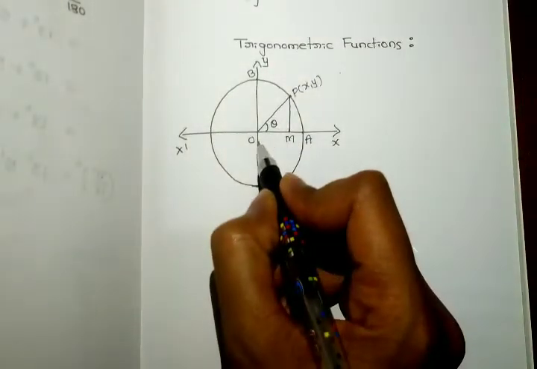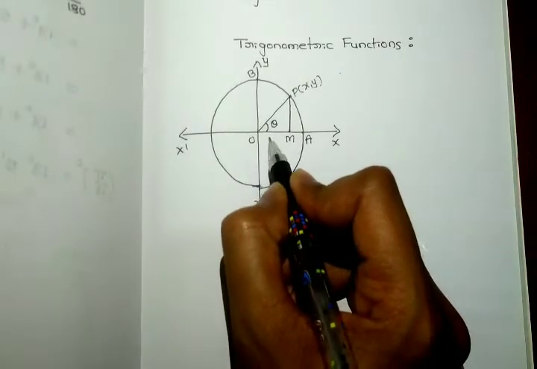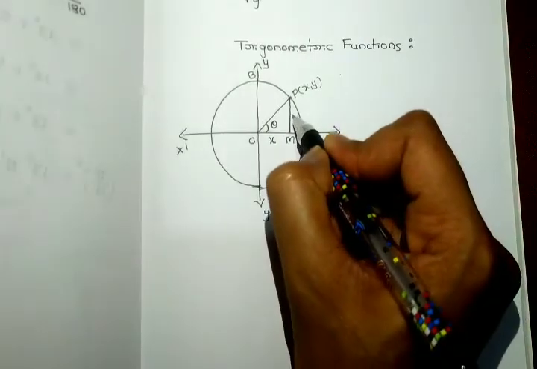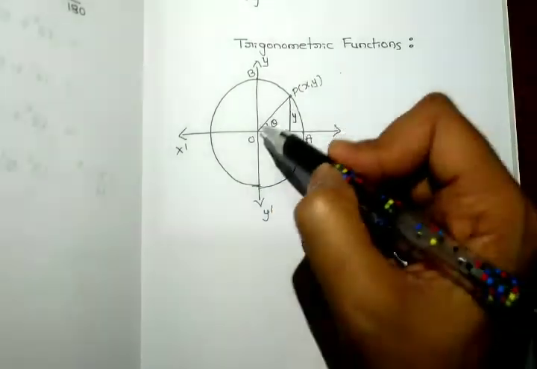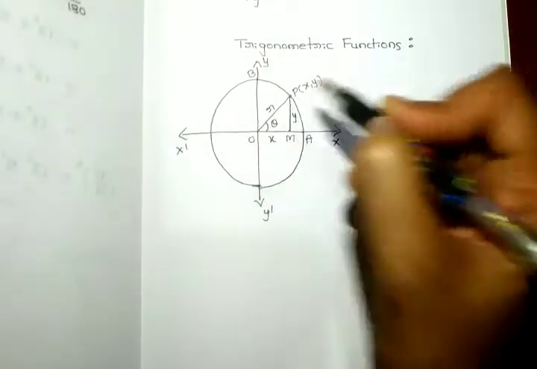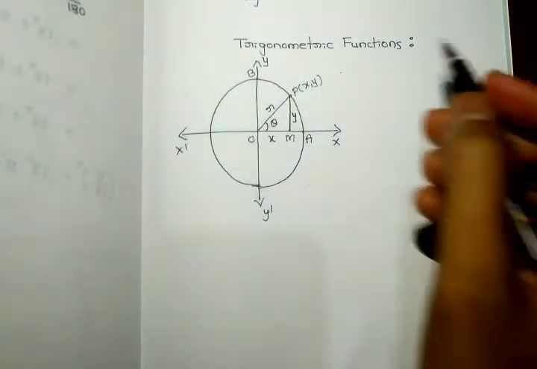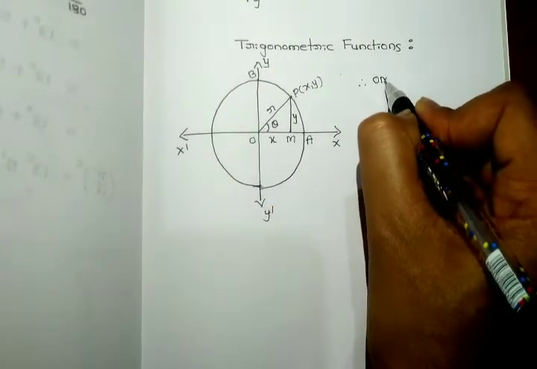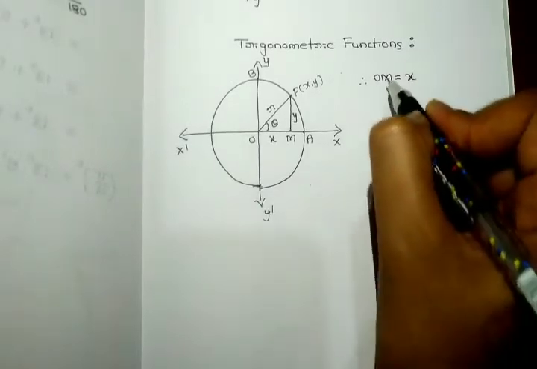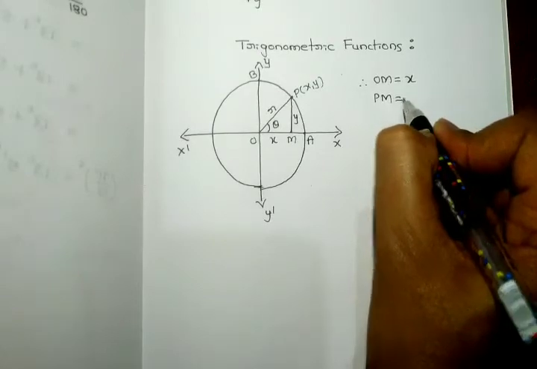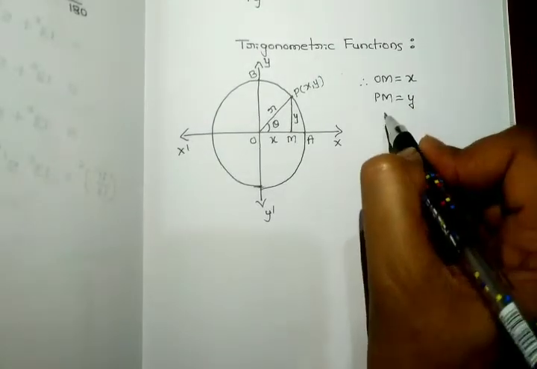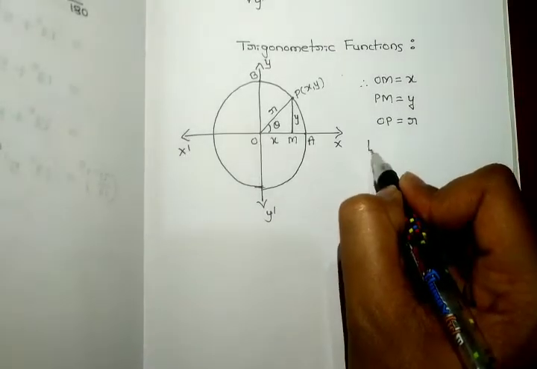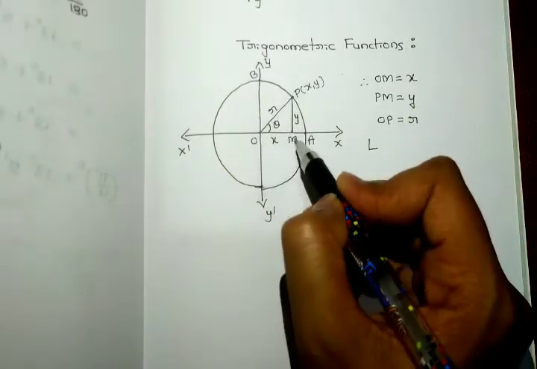Then this OM distance becomes x. Next this PM distance becomes y. Then this OP distance is nothing but the radius, that is r. Therefore OM is x, PM is equal to y, and OP is r.